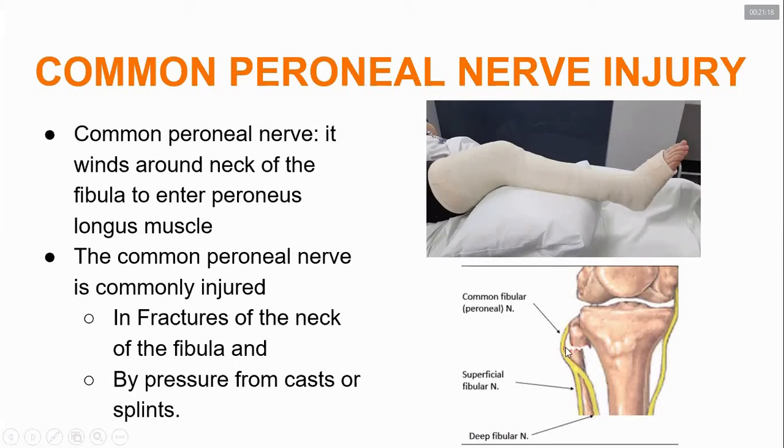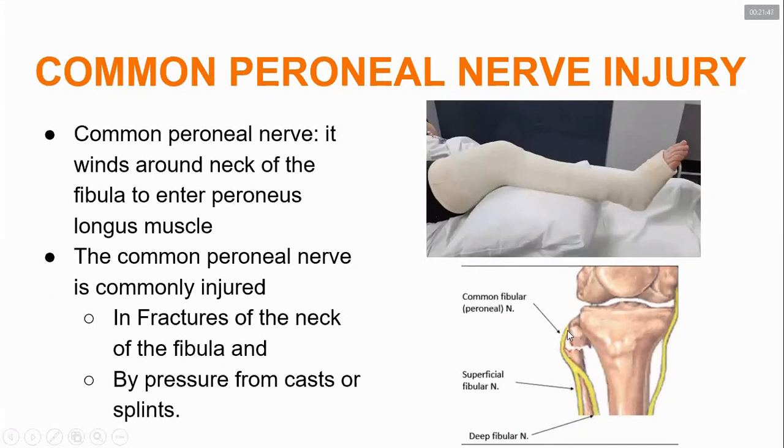So usually the common peroneal nerve is injured in fracture of the neck of the fibula. If you see an X-ray where there is a neck of fibula fracture, you always have to suspect common peroneal nerve injury. Other causes are from pressure, which can be from a cast or splint, or some sort of ganglion that arises from the superior tibiofibular joint.